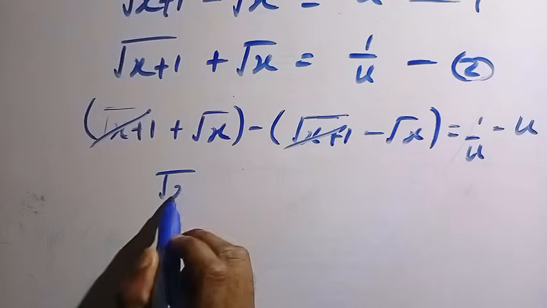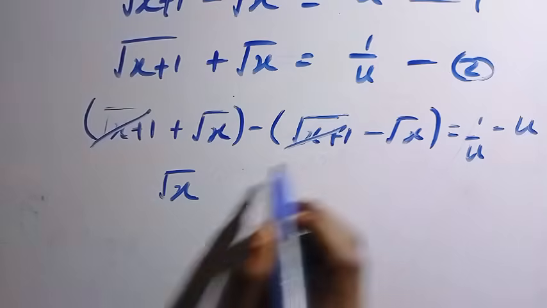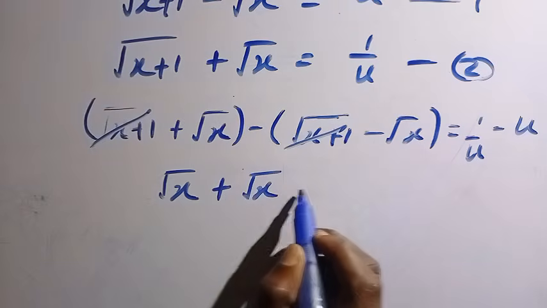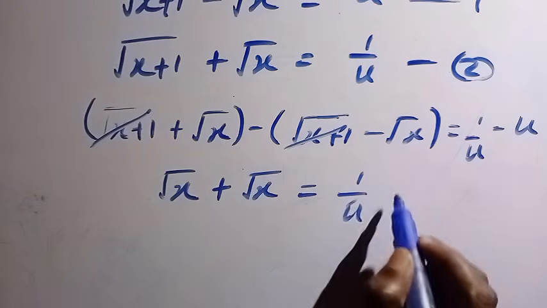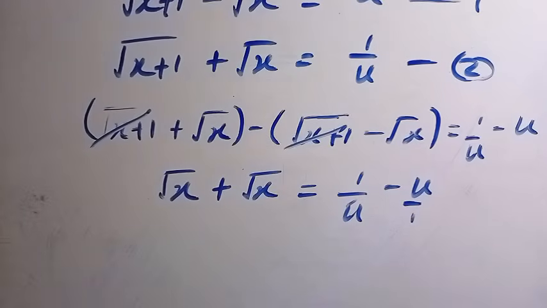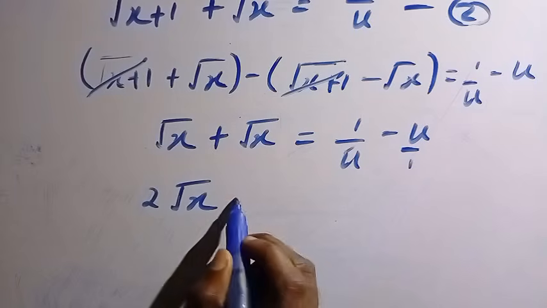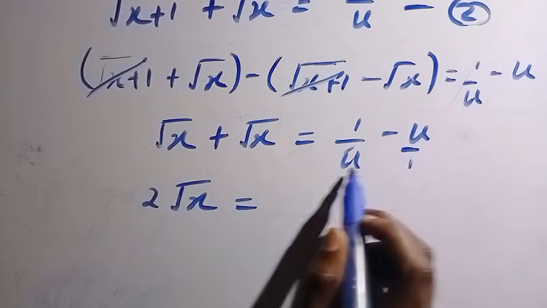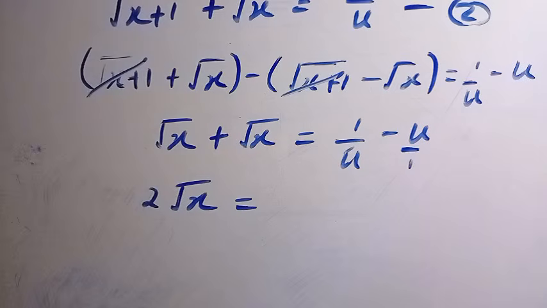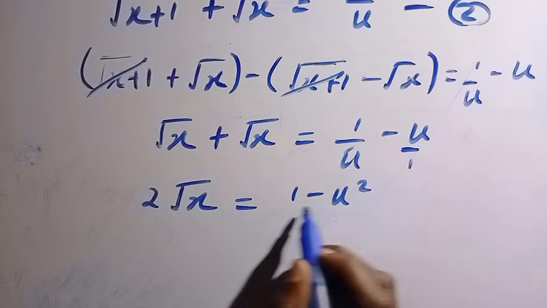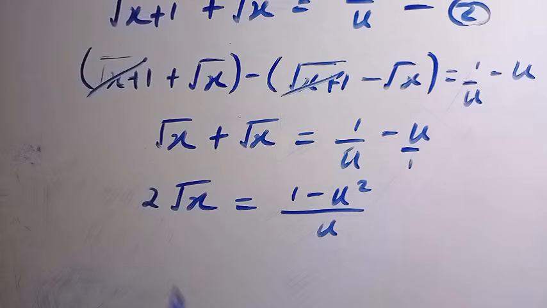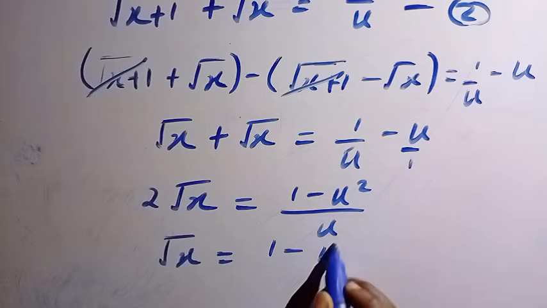Here we have root x, then minus times minus is plus. Here is root x also, then we have 1 over u minus u. So we have 2 root x equals, finding the LCM, 1 minus u squared divided by u. By multiplying through by 1 divided by 2, we have root x equals 1 minus u squared divided by 2u.